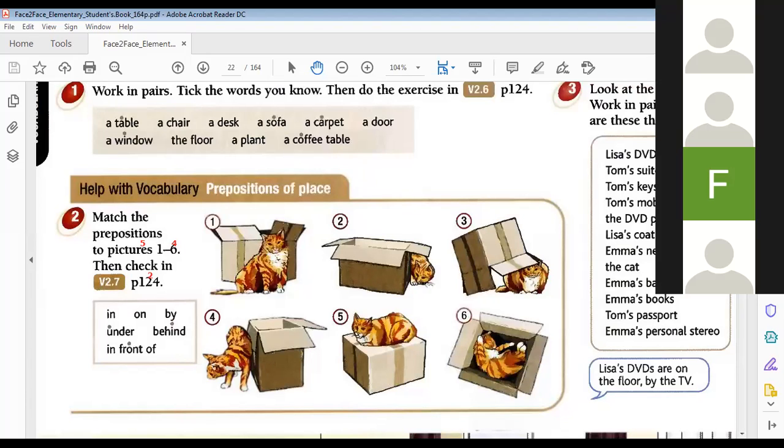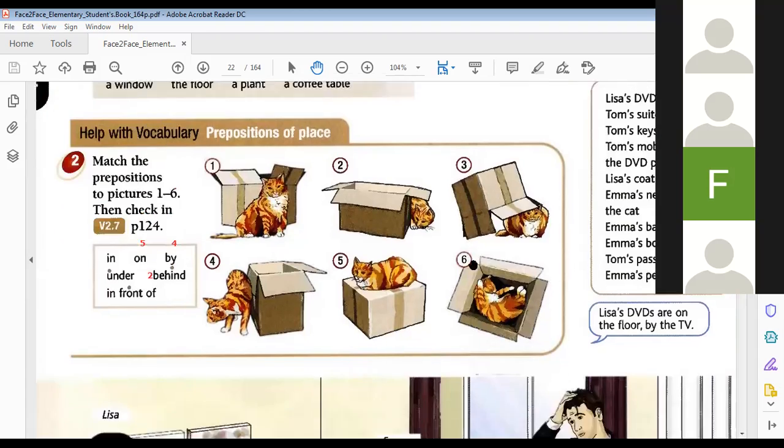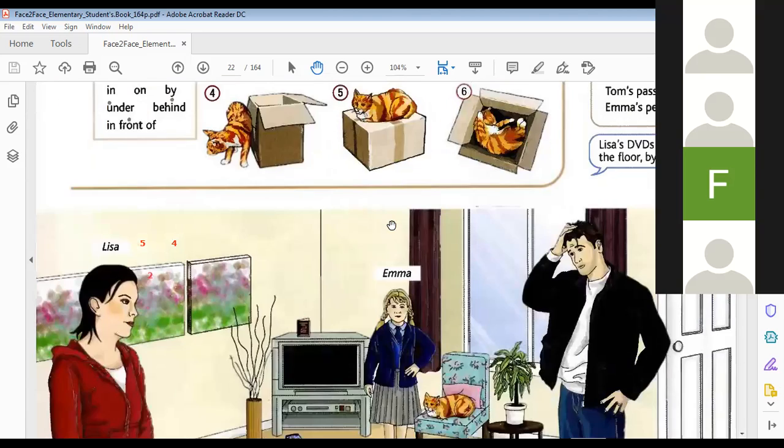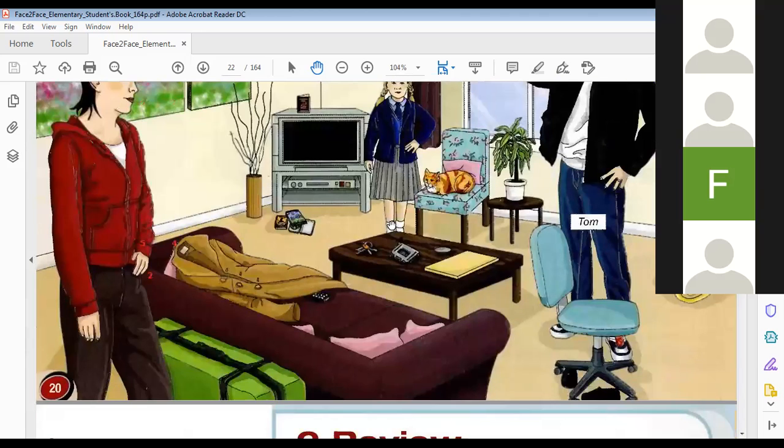We have Tom's suitcase, Tom's keys, Tom's mobile phone, the DVD player, Lisa's coat, Emma's new shoes, the cat, Emma's bag, Emma's books, Tom's passport, Emma's personal stereo. So we have lots of items.